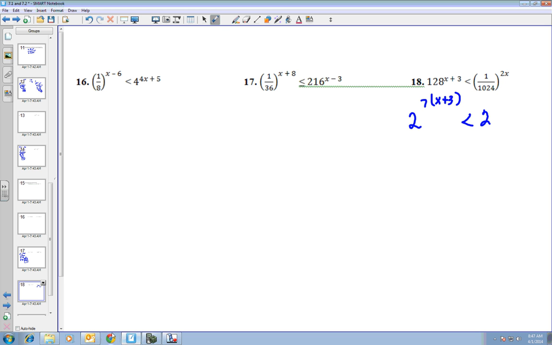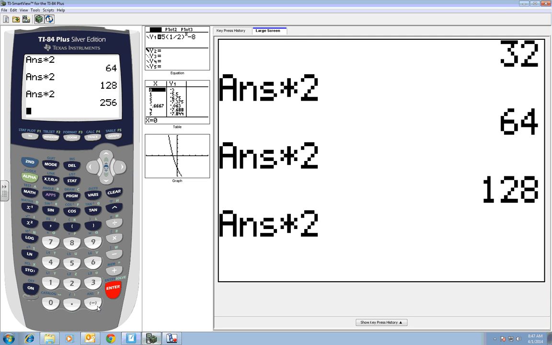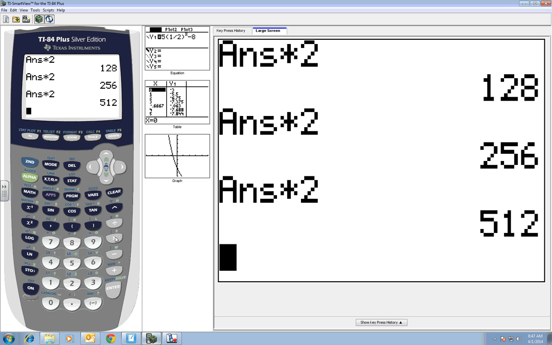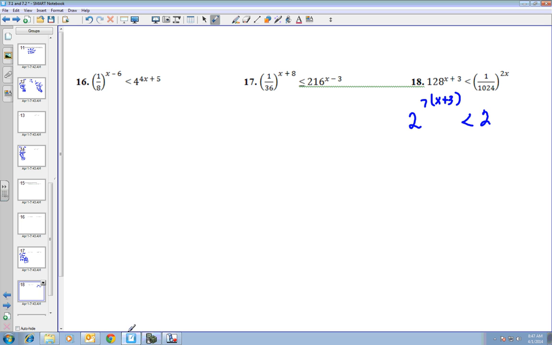Well, if 2 to the 7th is 128, okay, so times 2 would be to the 8th power, times 2 would be to the 9th, times 2 would be to the 10th. So it's going to be 2 to the 10th. So it's going to be 2 to the negative 10 times 2x.